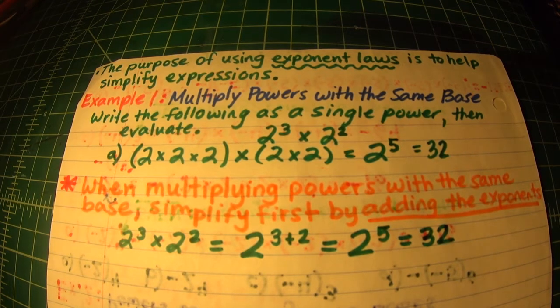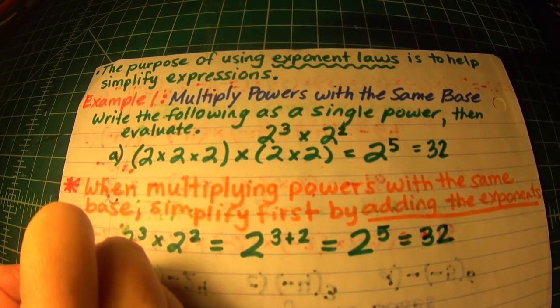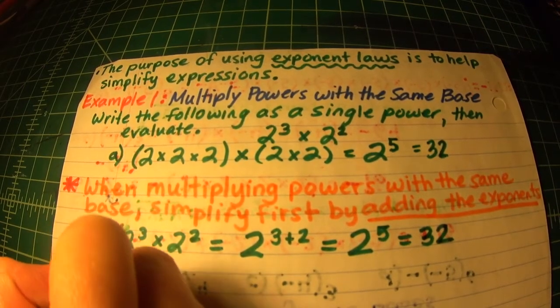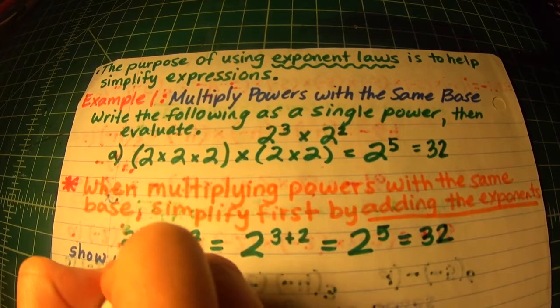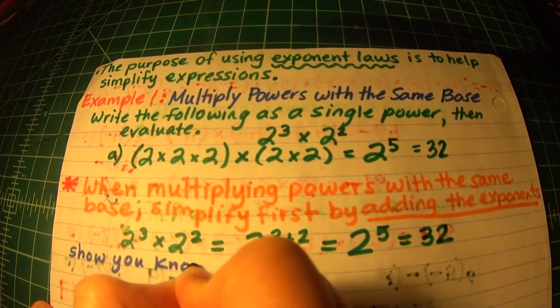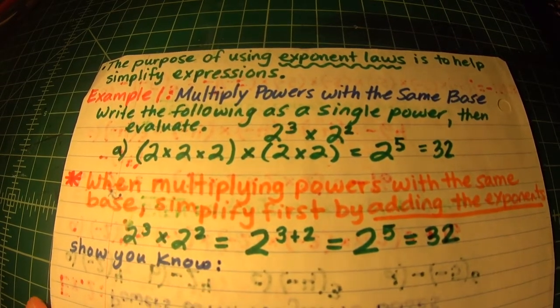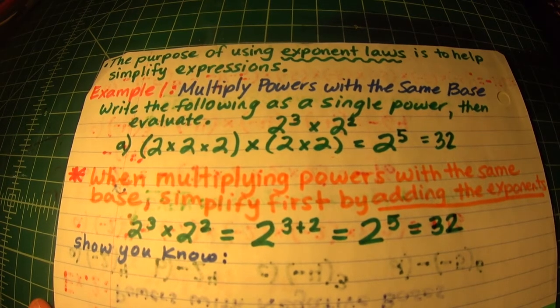Okay. So before I end the video, we're just going to add a single show-you-know question. So I'm going to write this down. I'll get you to write it down too. And then I'll tell you to pause the video, and then I want you to try answering it on your own. And then you can play the video again and see if you got it. Okay?